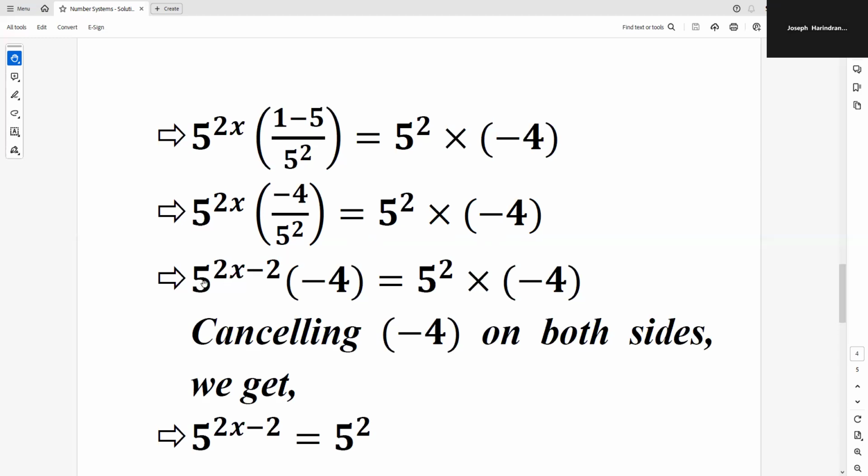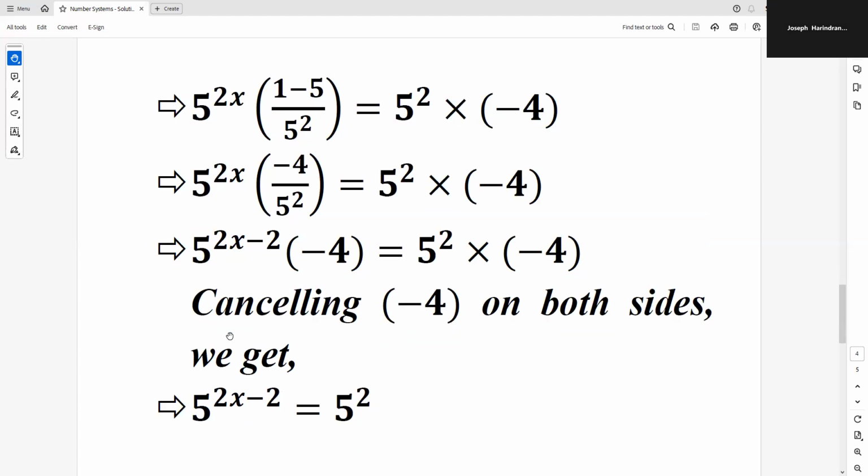So we write 5 power 2x minus 2 here. Within brackets, we have a minus 4 is equal to, on the right hand side, we have 5 squared into minus 4. Minus 4 cancels on both sides. So we have only 5 power 2x minus 2 on the left hand side and it is equal to 5 squared on the right hand side.